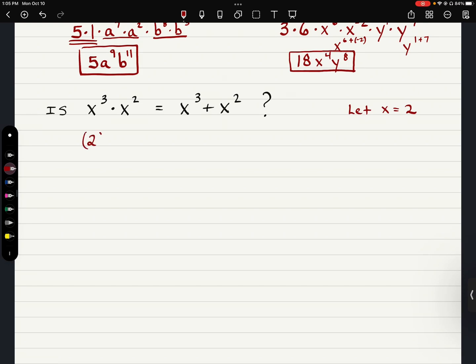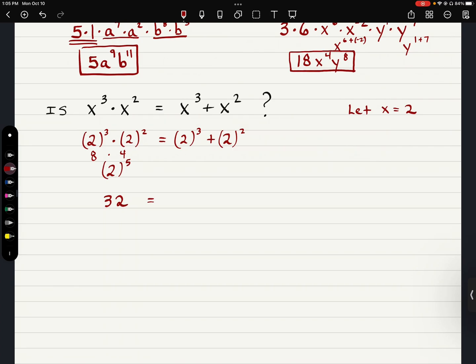So I'm going to say 2 to the third times 2 squared should equal 2 to the third plus 2 squared. Okay, well this here, 2 to the third times 2 squared, we know is really the same thing as 2 to the fifth power, or you can multiply each of them out and get 8 times 4, which is going to give us 32 on the left side.